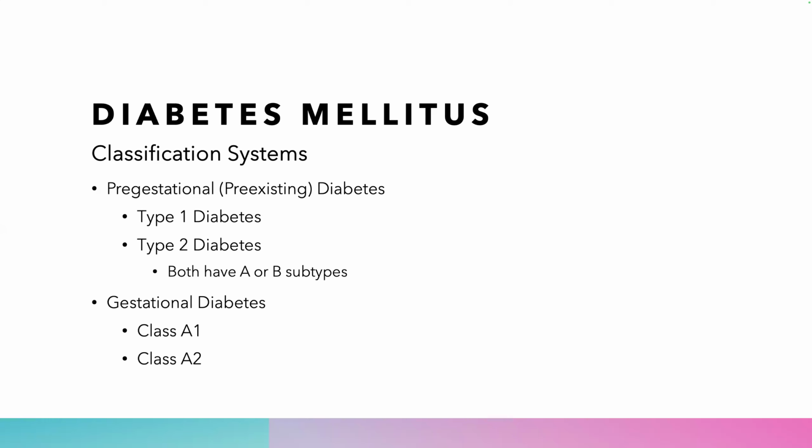Class A1, these are people who are diet controlled. They are diagnosed with diabetes in pregnancy, and they're able to control it with diet and exercise, and they never need medications. Class A2, these are individuals diagnosed with diabetes in pregnancy who require medications. Typically we prefer insulin, but we do use some oral agents.